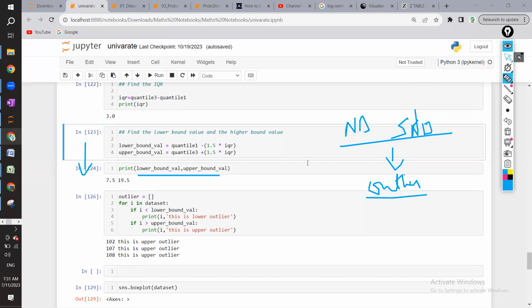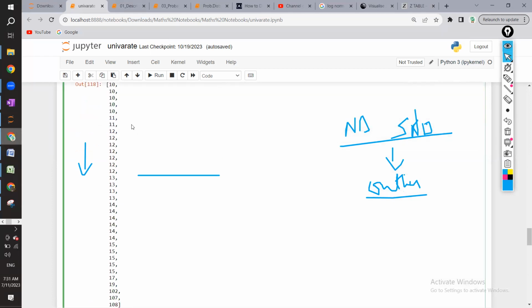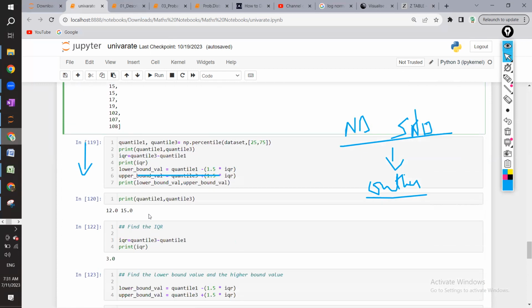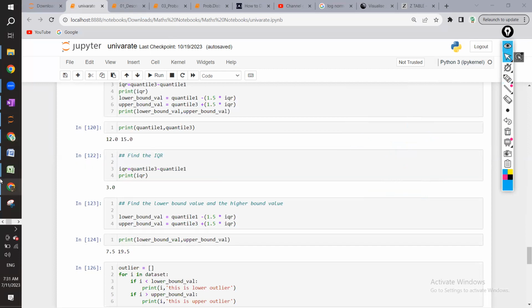Even if you take some data set where I don't know the shape, it's not normal, it still works using IQR. But if you know that the data is normal, you can use one more way to detect and handle the outliers. Now we are going to see that.